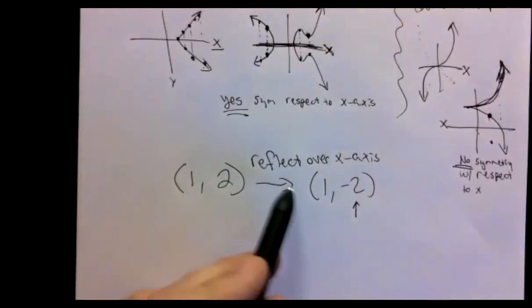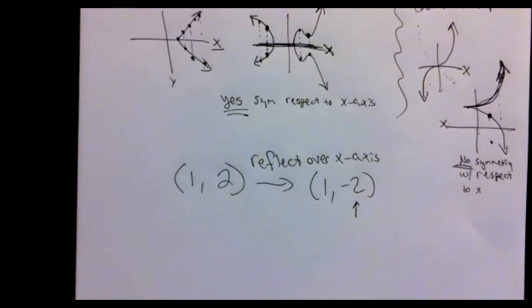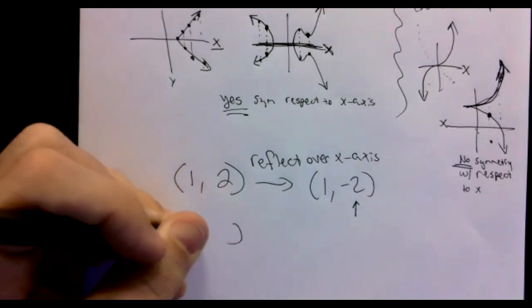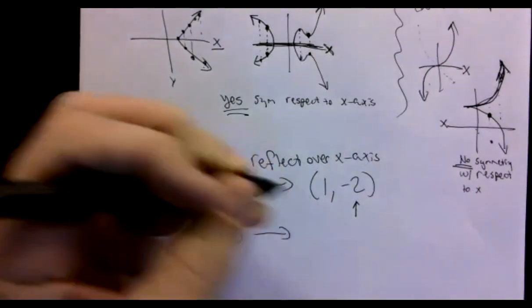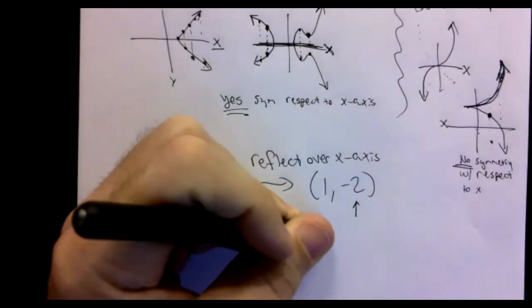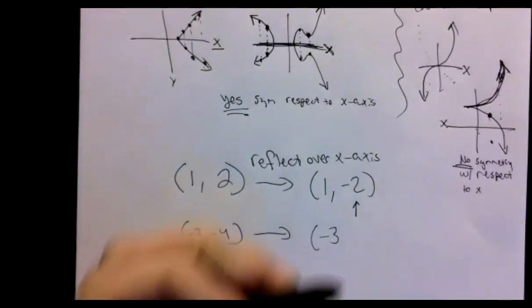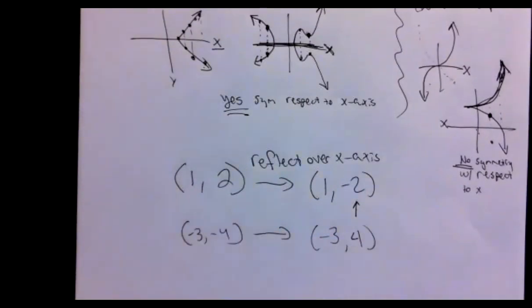And again, this is when reflecting over the x-axis; we'll switch to the y-axis later. And that would work for any coordinate. So if we had -3, -4, and we want to reflect it over the x-axis, the -3 is going to stay, but the -4 would reflect to become a positive 4.